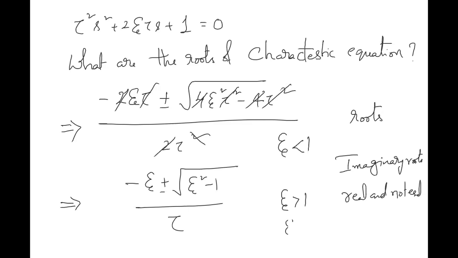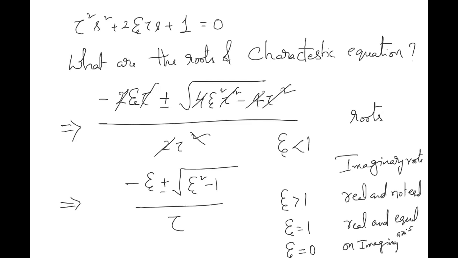When zeta is equal to 1, real and equal. When zeta is equal to 0, the roots are on the imaginary axis.